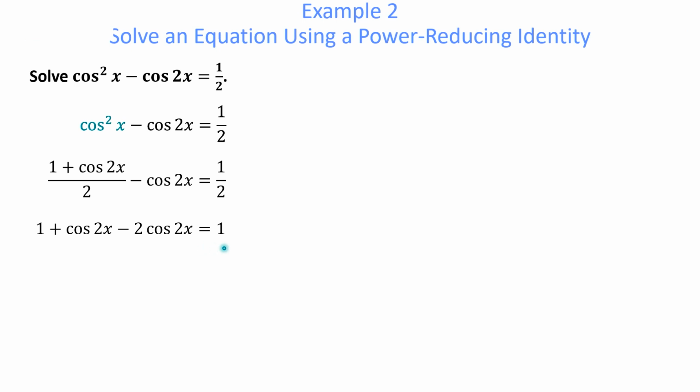Then I'll subtract 1 from both sides, and that'll give us this. And then we'll notice there's a cos 2x here, and there's a cos 2x here, so these are like terms. And when we simplify these like terms, we'll end up with minus cos 2x equals 0. I'll multiply both sides by minus 1, and that'll give us cos 2x equals 0. Now, the cosine of some angle is equal to 0.